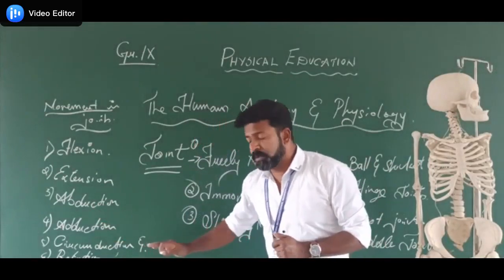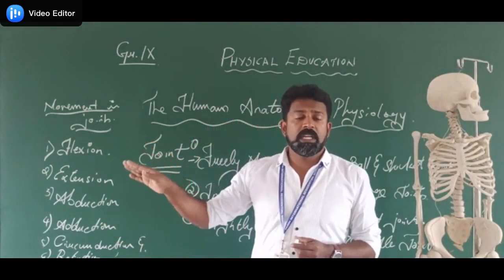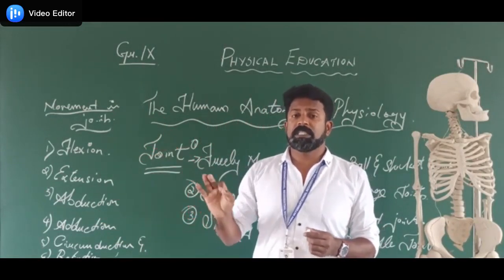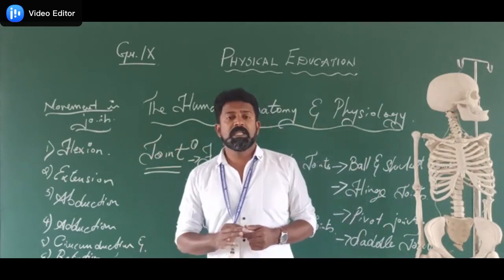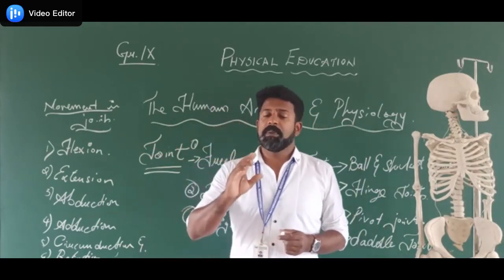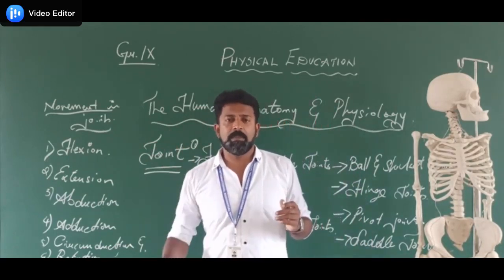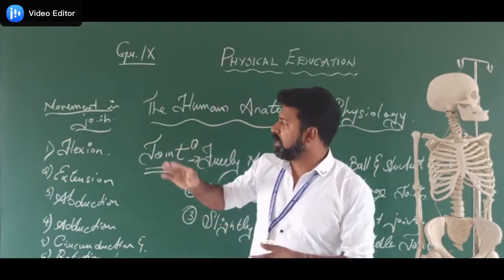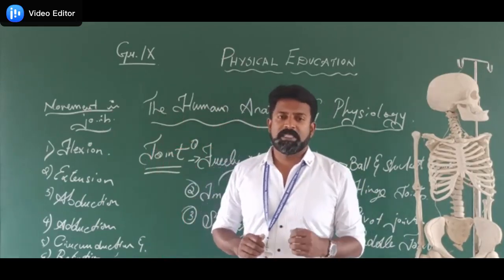The fifth is circumduction, a circular formation. And the last is rotation, a twisting movement which takes place in the hip as well as the neck. These are all the various movements which take place in our joints.